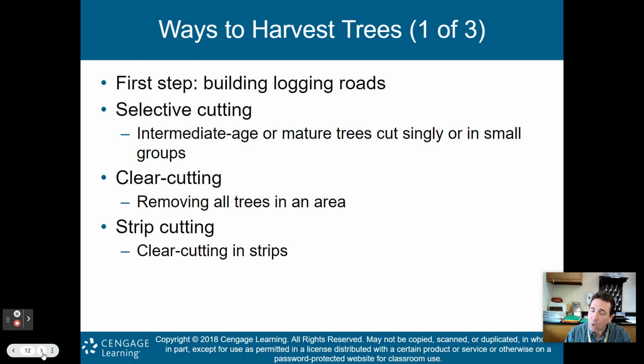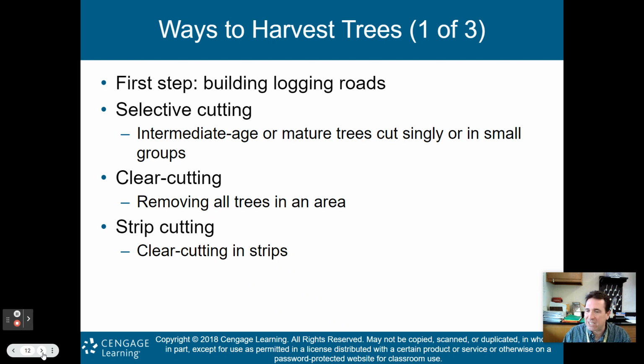So we need to talk about ways to harvest trees. The first step when you have to harvest trees is to build logging roads. And what I'll show you on the next slide is that when you start building logging roads, that starts the fragmentation and the degradation of your forest. There is selective cutting. This is when intermediate age or mature trees are cut singly or in small groups.